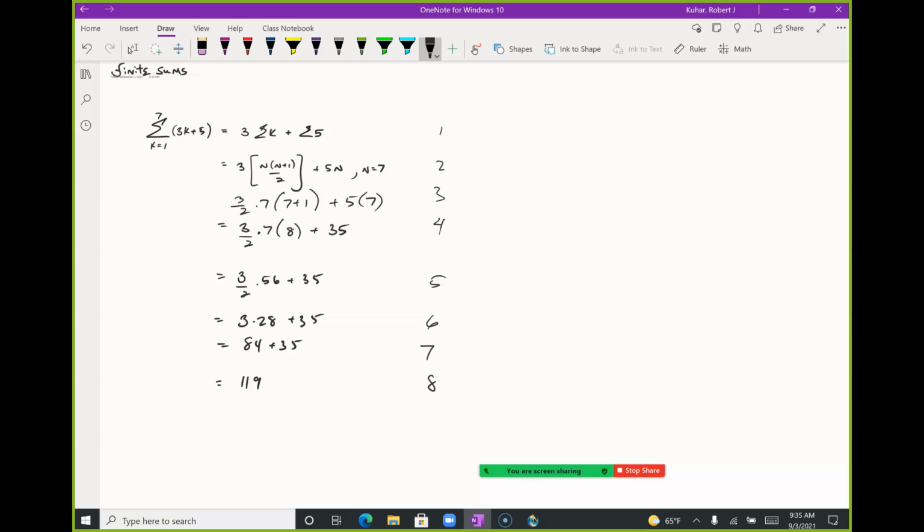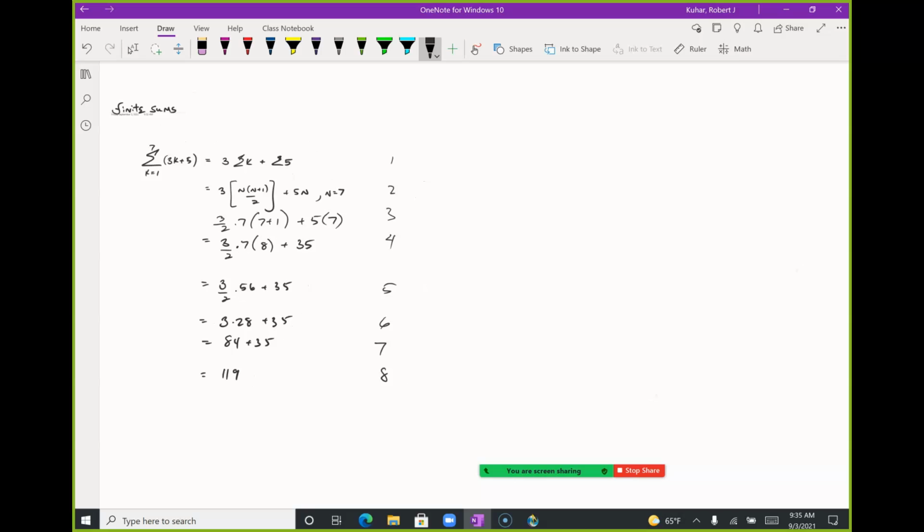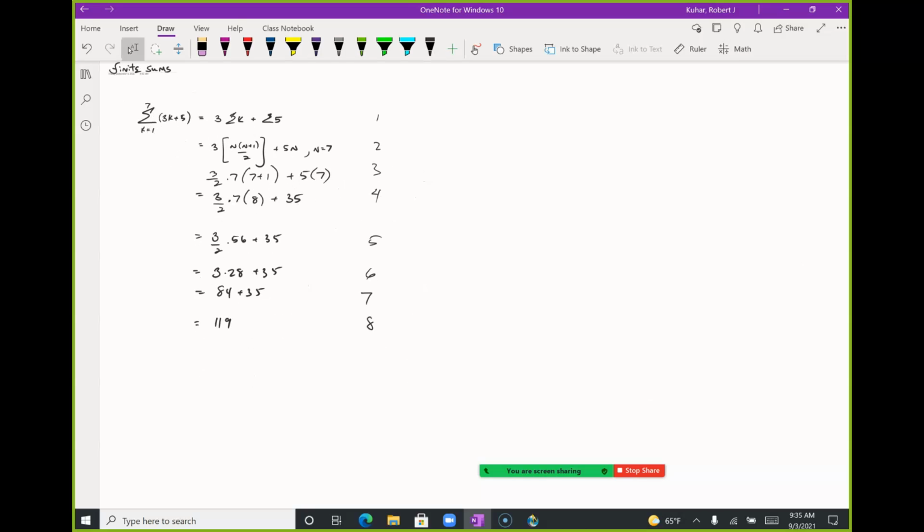Please ask. So it turns out there's another way to get this sum, and we'll try and prove it today: the sum from k equals 1 to n of a sub 1 plus d times n minus 1 is n over 2 times the first term plus the last term.